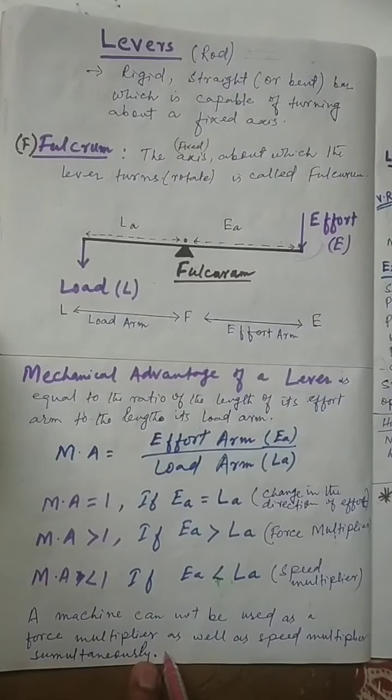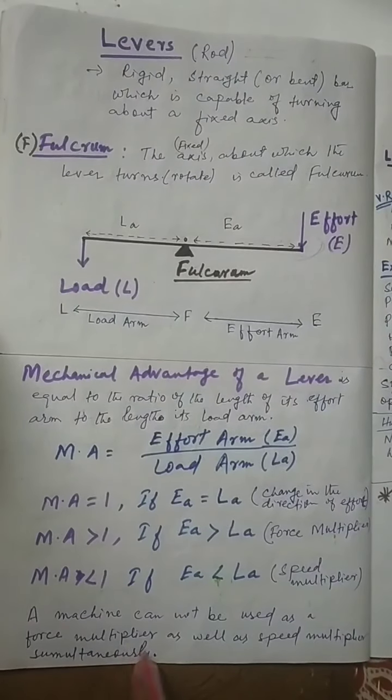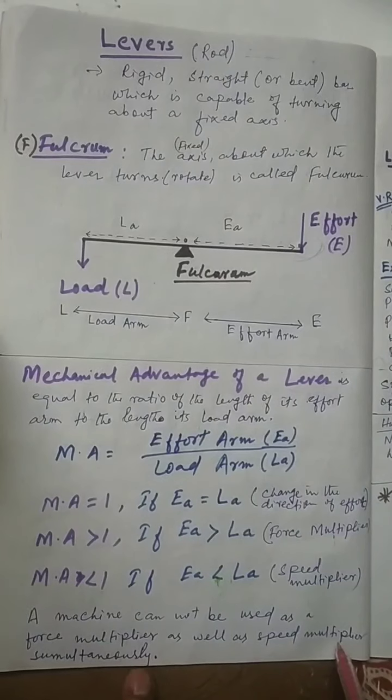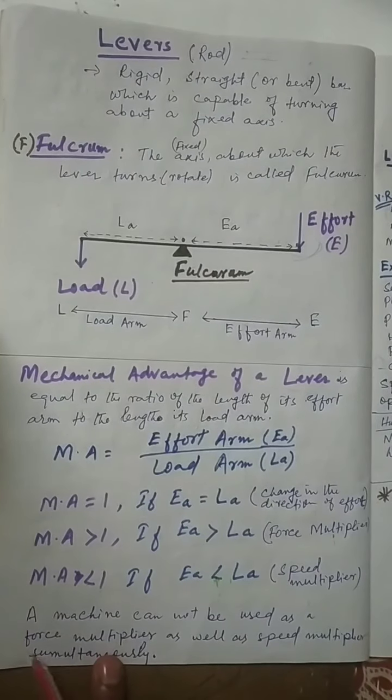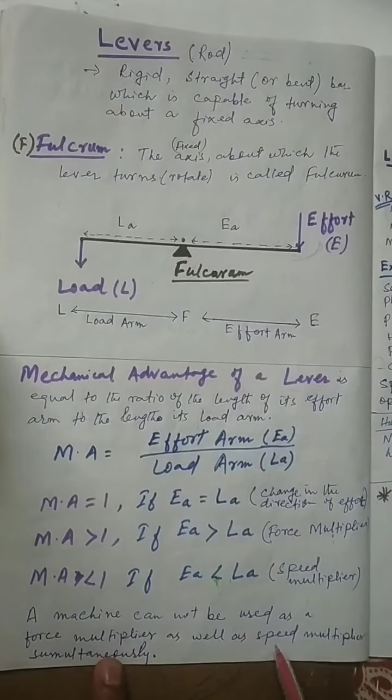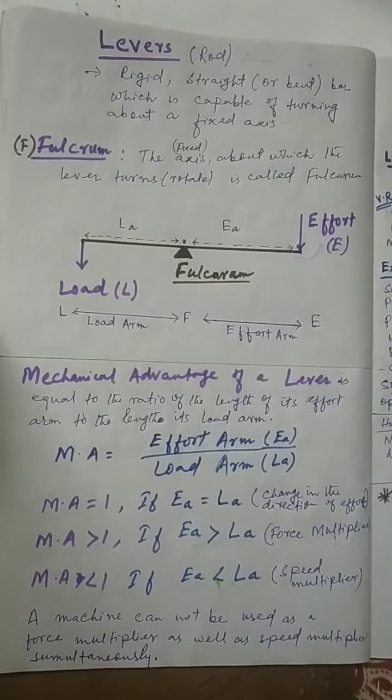At a time, either it is a force multiplier or it is a speed multiplier, but it is not at the same time force multiplier and speed multiplier. Mind it, remember this point.